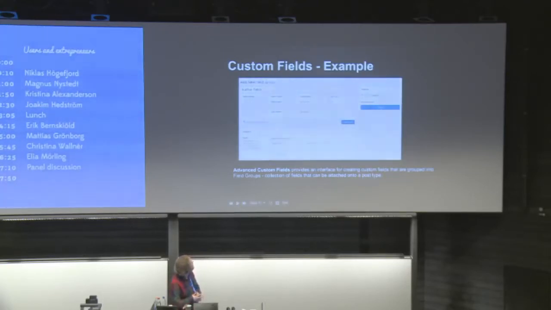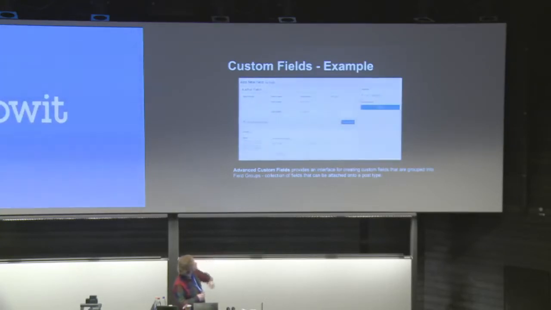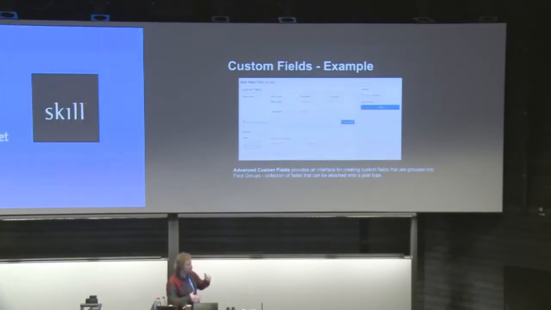A little bit further down in the location rules, I've set that these two fields should appear when post type is equal to author. So basically what Advanced Custom Fields lets us do is both create custom fields and also group them logically into groups. In this case, the group is author fields.